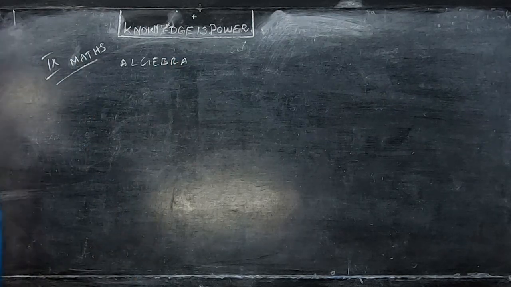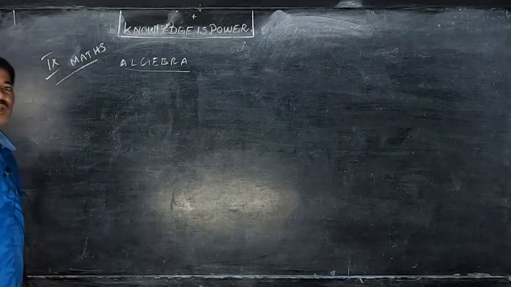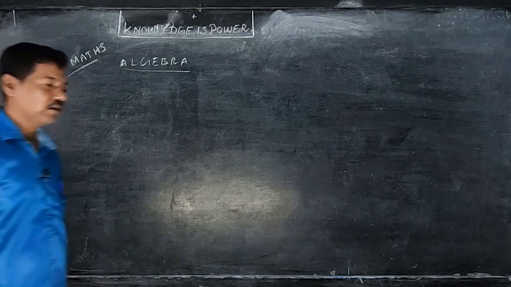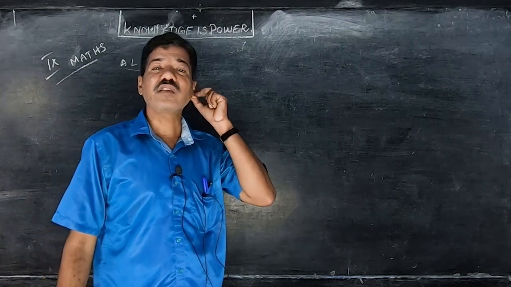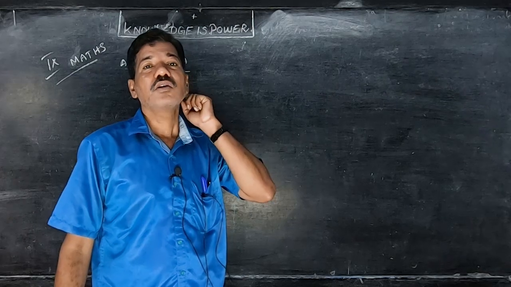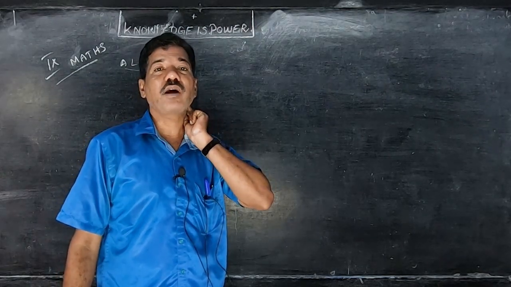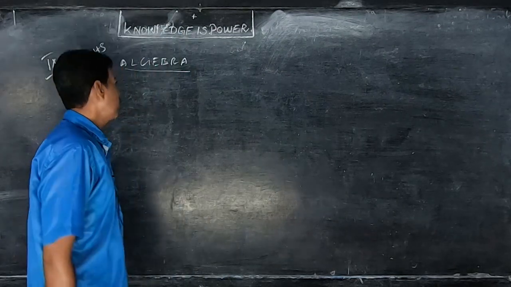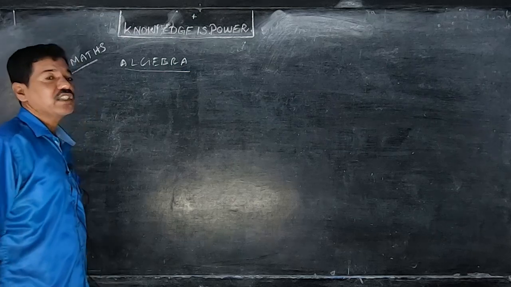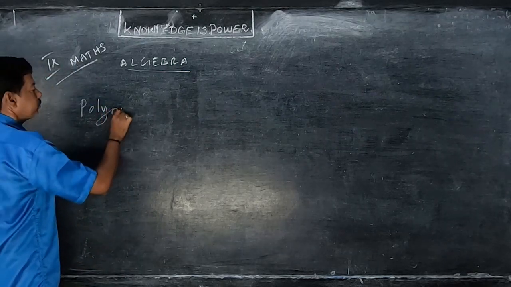So, new chapter algebra. I give the introduction for a few minutes. Get the concentration, then only we can understand when the exercise is started. If you do not understand clearly in the basic introduction, it will feel difficult when you are taking the exercise. So first of all, the basic concept is called a polynomial.